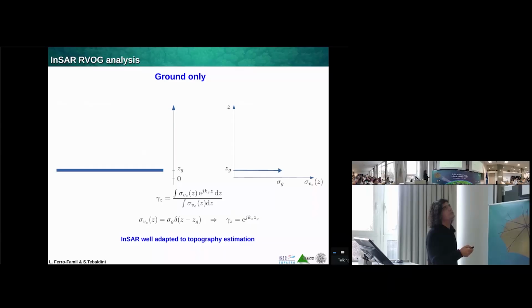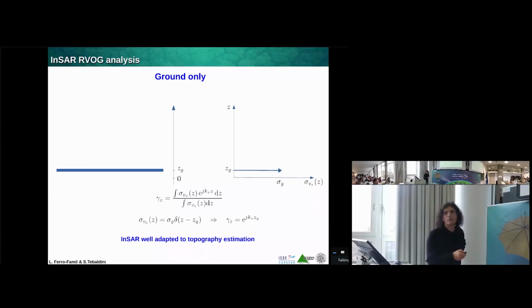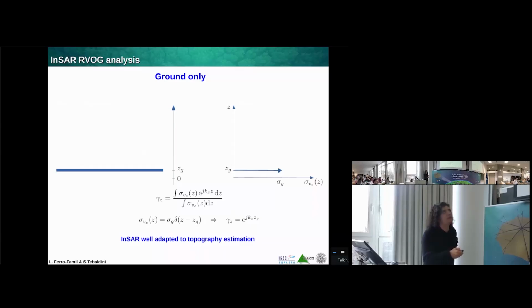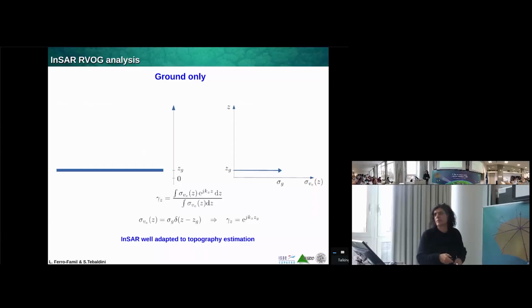If you just inject the Dirac expression inside this integral, at the end, the volume coherence of a ground, of a surface, is just an exponential. So this shows you that interferometry is very well adapted to the characterization of surfaces. When you have no volume, interferometry is enough, because from the interferometric phase, you can retrieve the elevation of the ground directly.